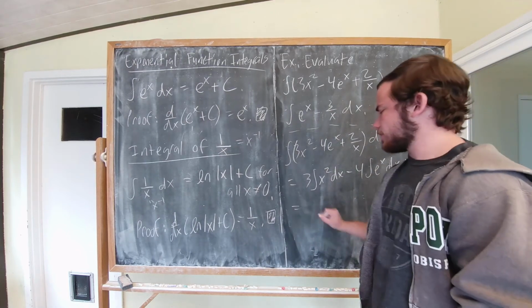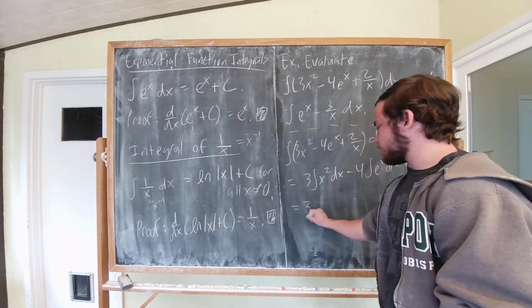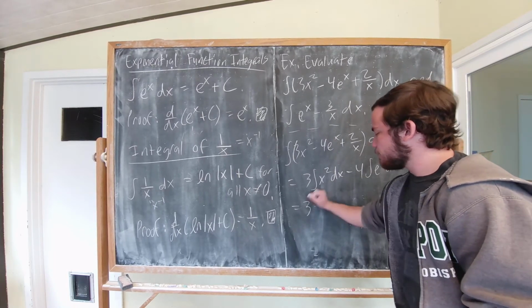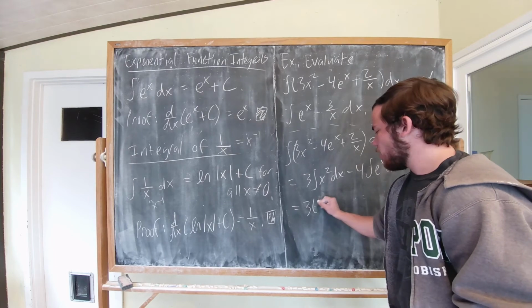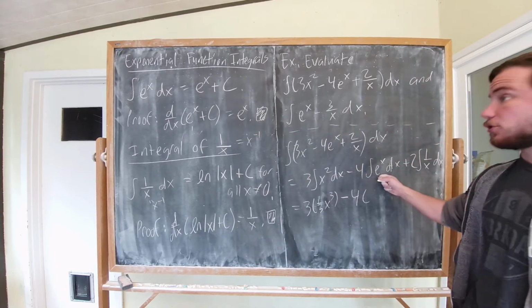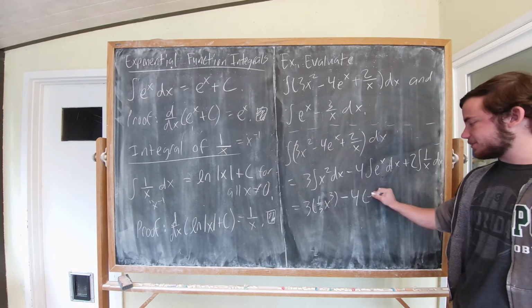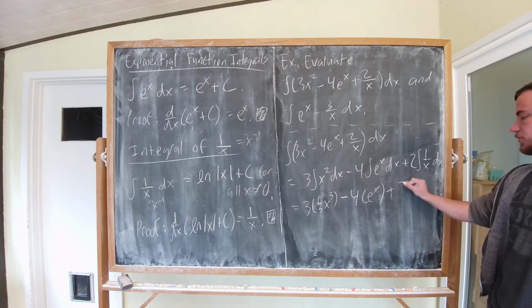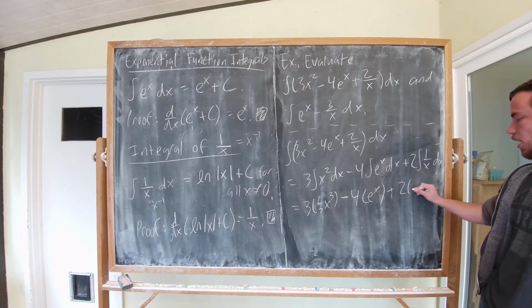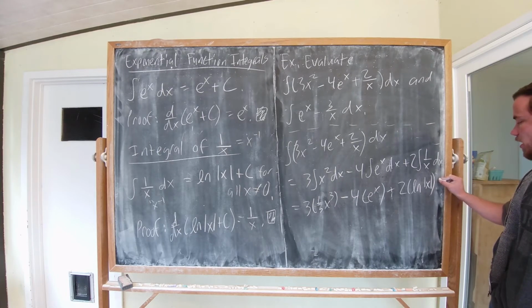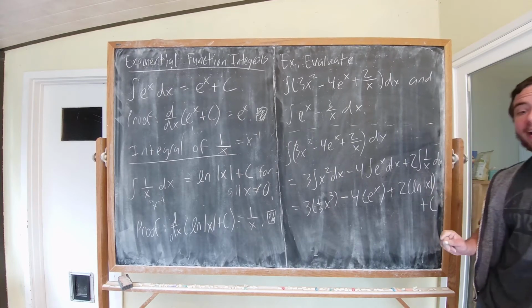Okay. Power rule says, oh, this is 3 times x cubed divided by 3, or let's write it in the same form, 1/3 x cubed minus 4 times the integral of e to the x is e to the x plus c, plus 2 times the natural log of the absolute value of x. And then it all has that 1 giant plus c at the end.